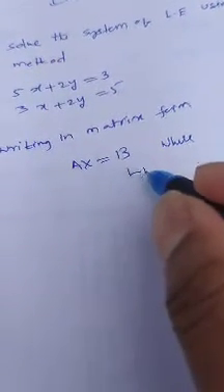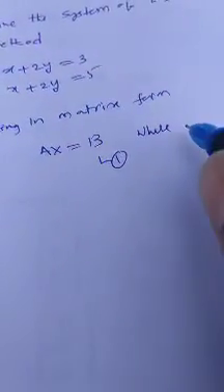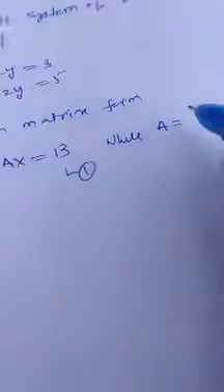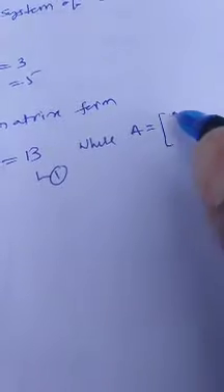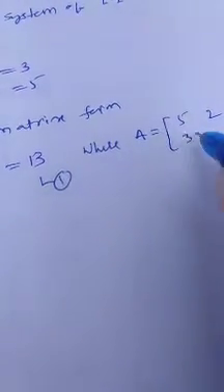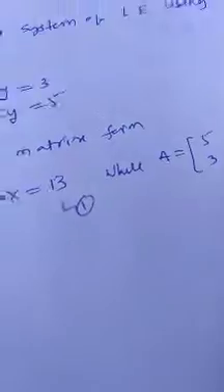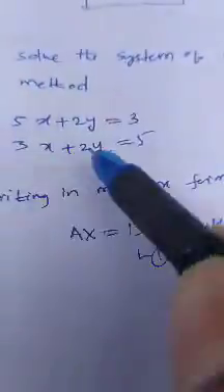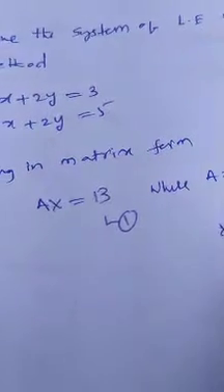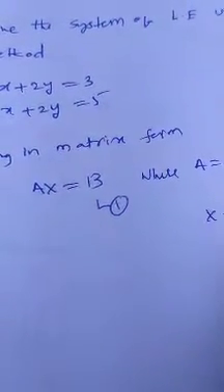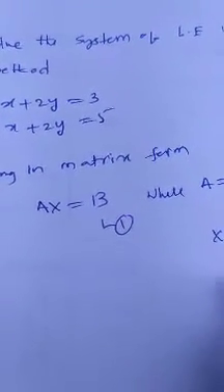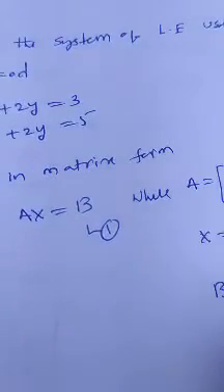Capital A is the coefficient matrix. I am taking the coefficients as rows: 5 2, 3 2. Capital X is the variable matrix. What are the variables? X and Y. And the constant matrix is 3, 5.